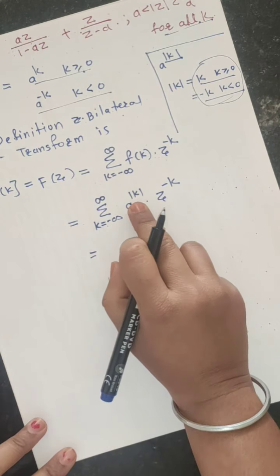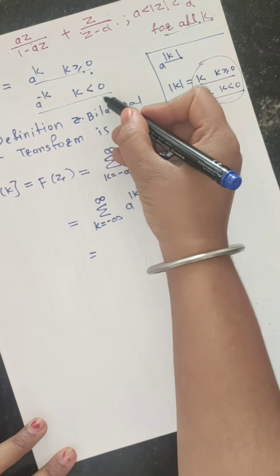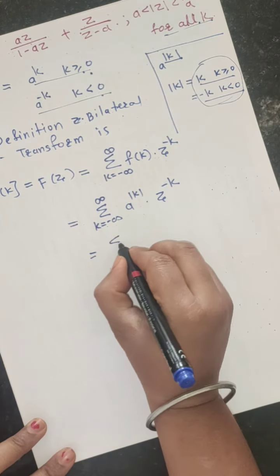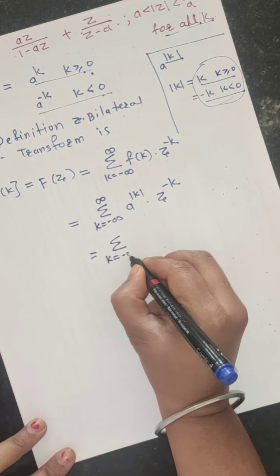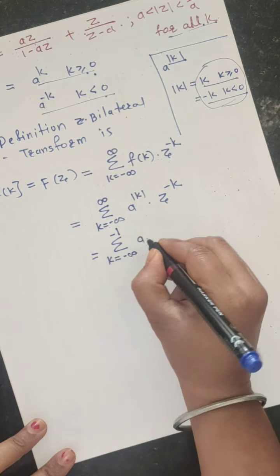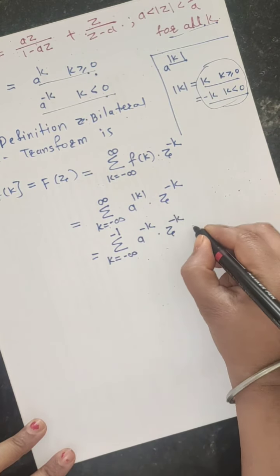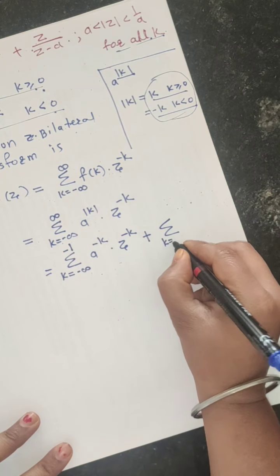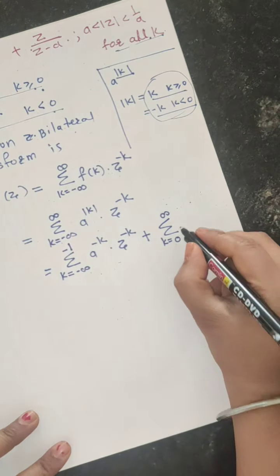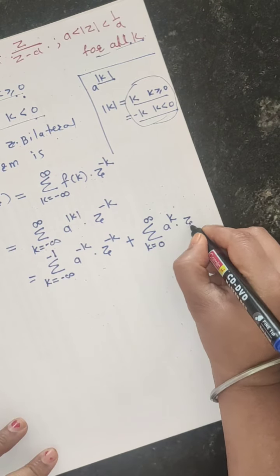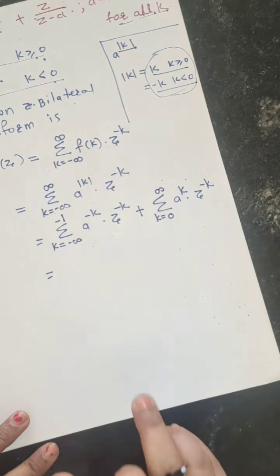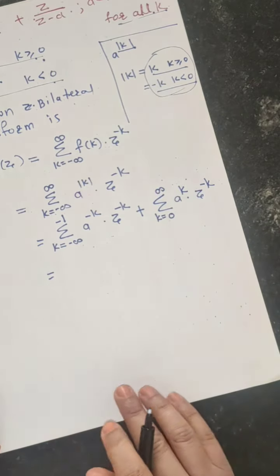Now we divide this into two parts, first the negative part and second the positive part. The first part is k from minus infinity to minus 1, because k is negative: a raised to minus k into z raised to minus k, plus the second summation for positive values of k, from 0 to infinity: a raised to k into z raised to minus k. Now solve these two parts separately.